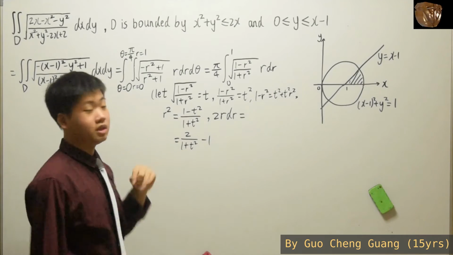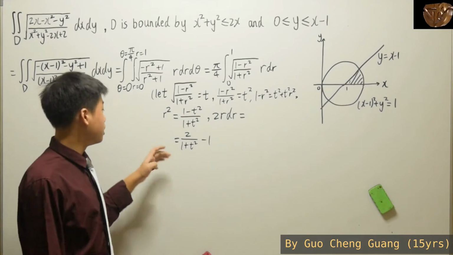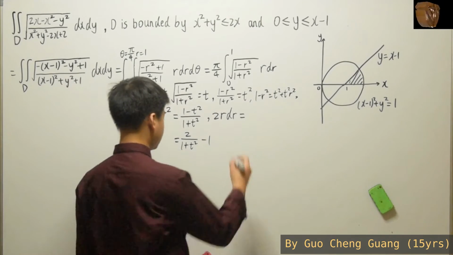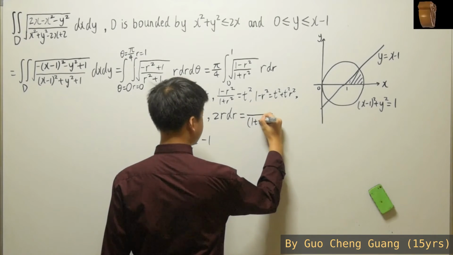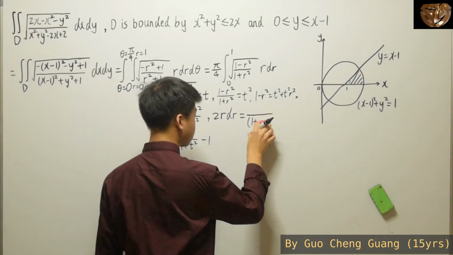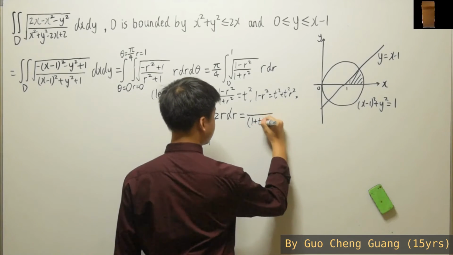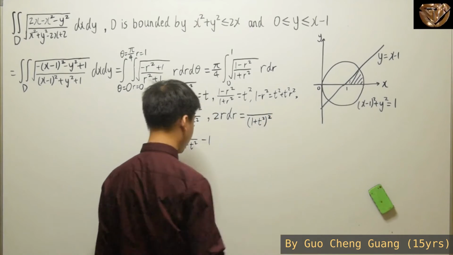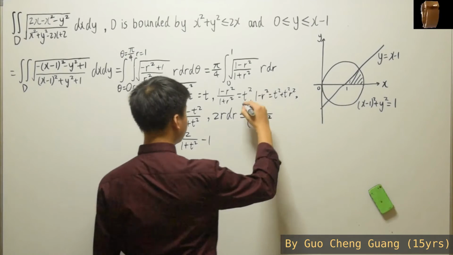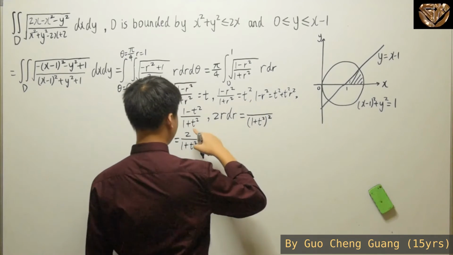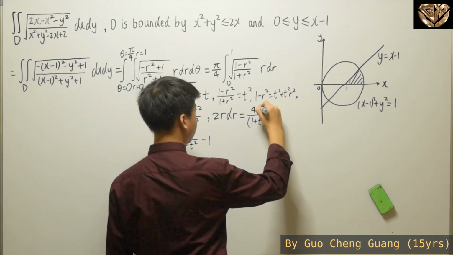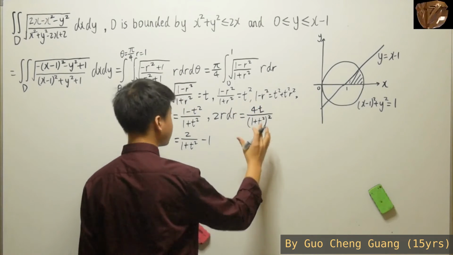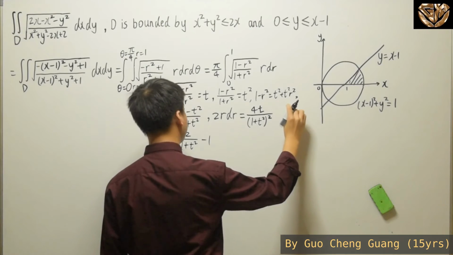Right, so now this seems a lot easier to differentiate since you just have to look at your denominator, which you will have 1 plus t squared, and then chain rule into 2t. So 2t times 2 would be 4t, but of course, don't forget, this is power of negative 1.